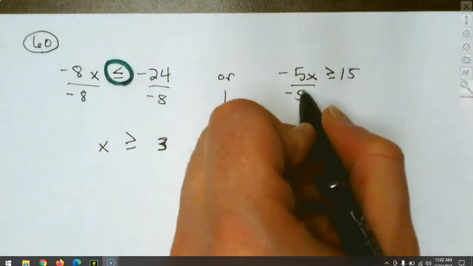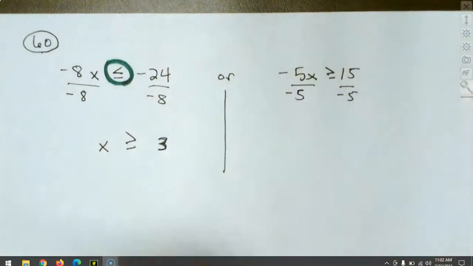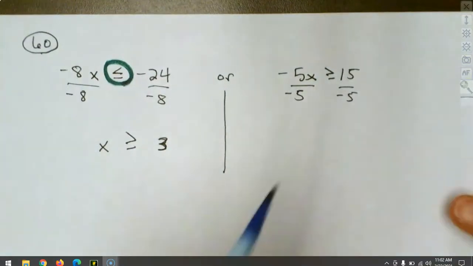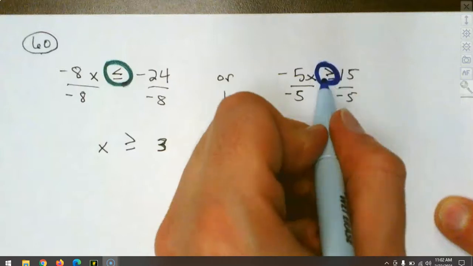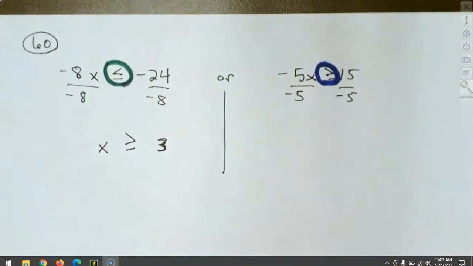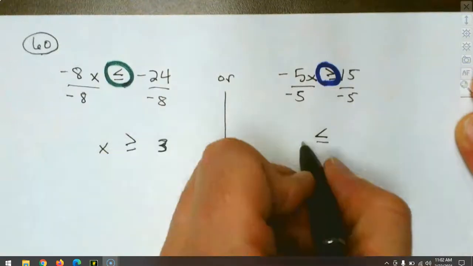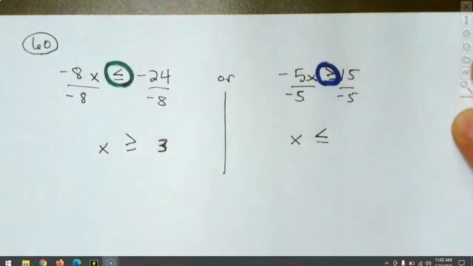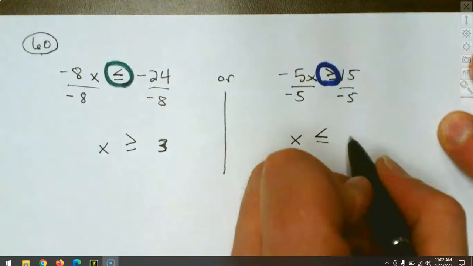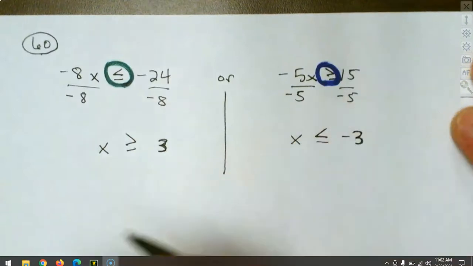Divide by your negative 5. That's going to switch that then around again. So this piece will switch. So your inequality symbol will go the other direction. There's our x there. Positive divided by negative makes it a negative 3.